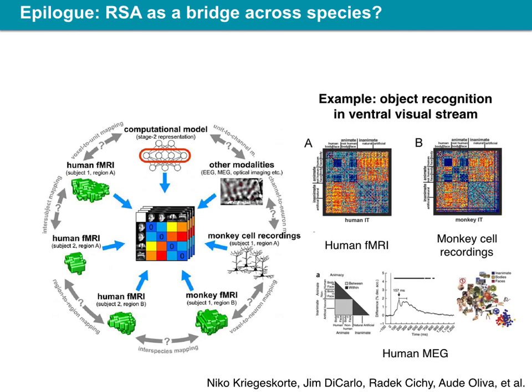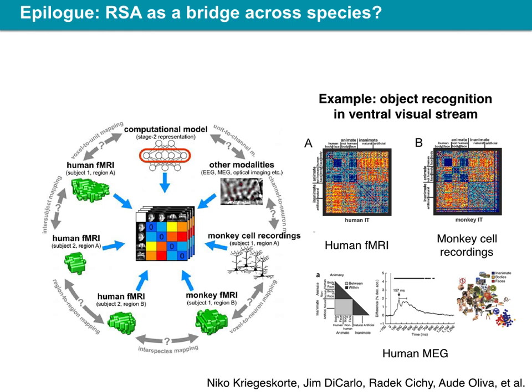And this has already proven extremely successful in the ventral visual stream for researchers studying object recognition. So here are two representational similarity matrices, one derived from monkey single cells, in a similar way to the way that I was describing in the talk, and another derived from human fMRI voxels during an identical task, whilst the subjects were asked to just attend to different types of visual stimuli.